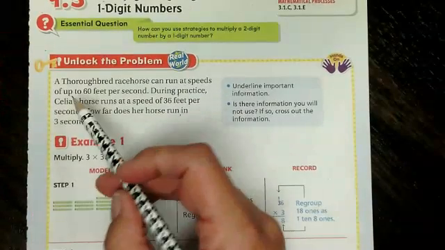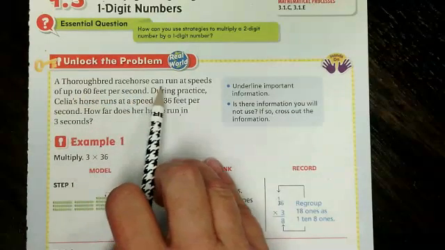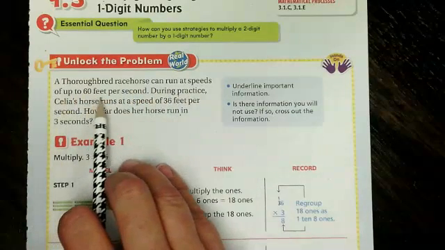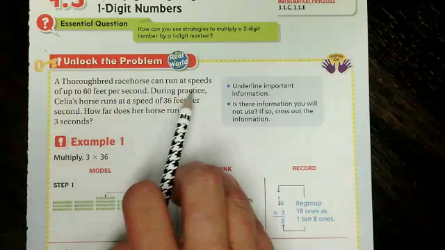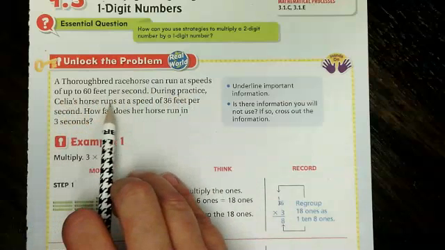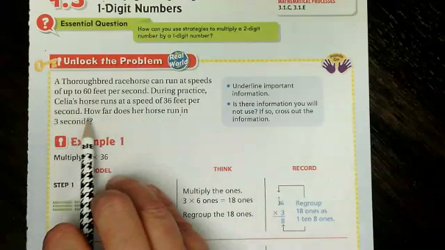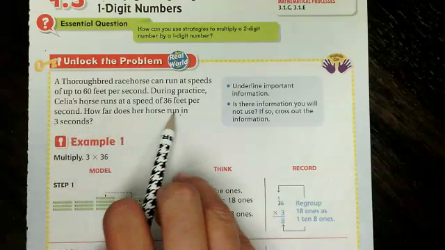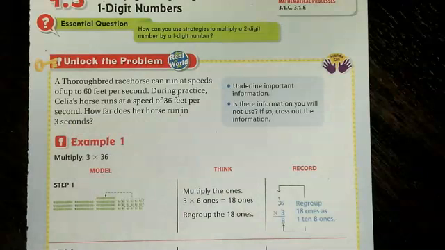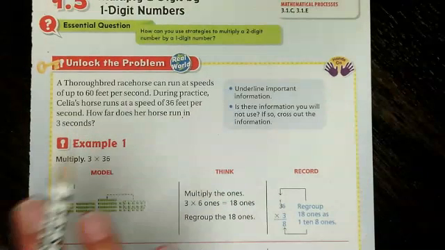So here we go. A thoroughbred racehorse can run at speeds of up to 60 feet per second. During practice, Celia's horse runs at a speed of 36 feet per second. How far does her horse run in 3 seconds? Okay, so I was good with all the words.